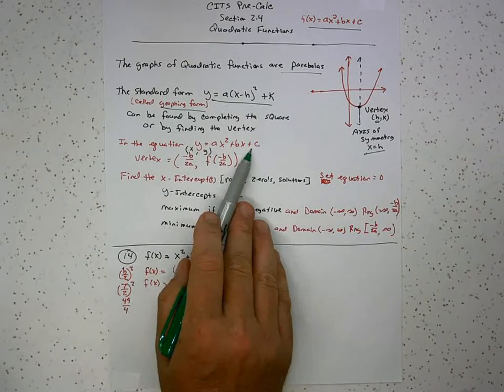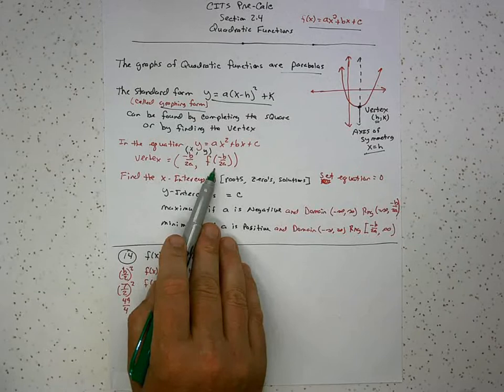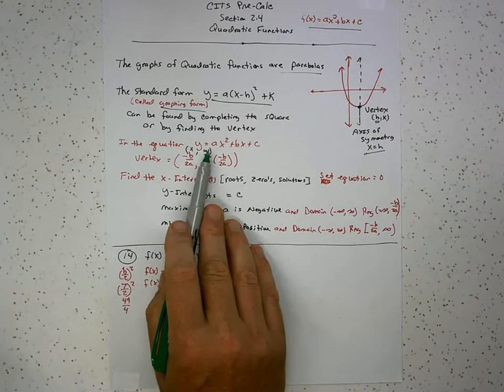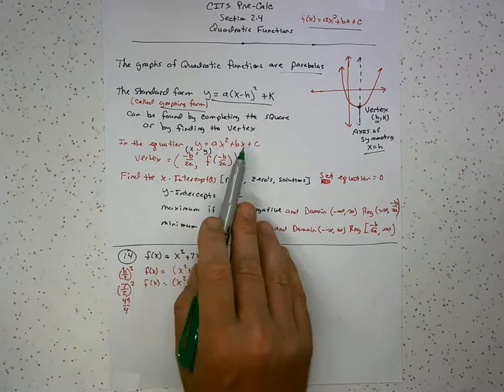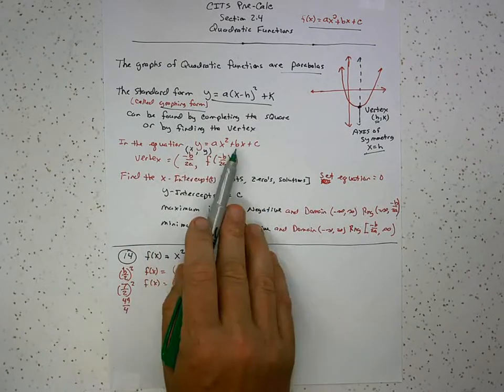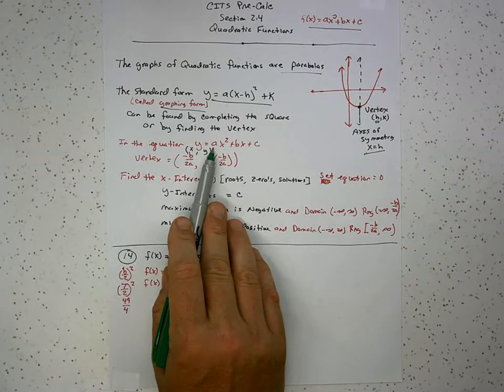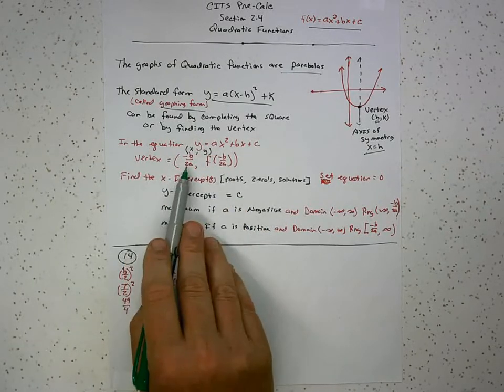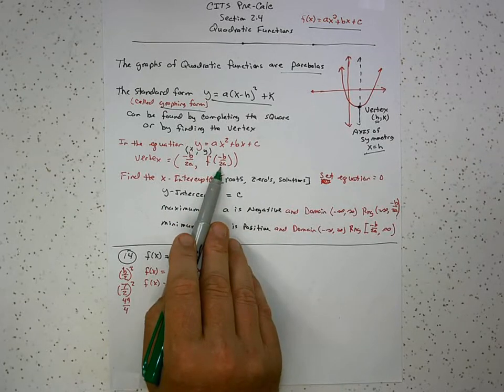In this equation, the vertex is always found by these two expressions. So, excuse me, the x-value of the vertex is minus b over 2a, remembering this is a, b, and c. So I take the opposite of the linear coefficient over twice the quadratic coefficient. Then I plug that back in to solve it out, and I get the y value.